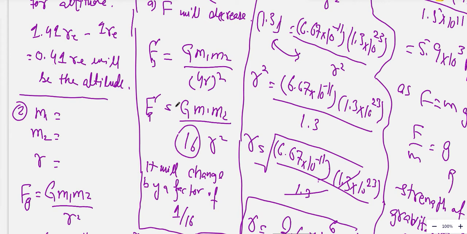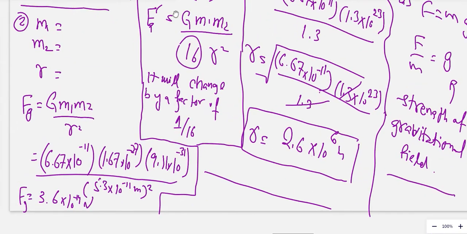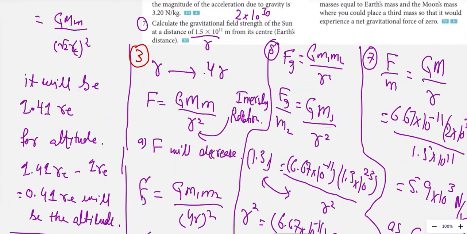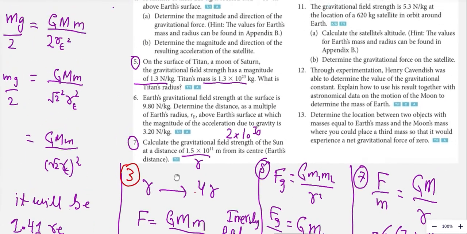This will be the answer for part B, that the force will change by 1 by 16 times. So it will reduce 16 times when the distance increases 4 times, and that's it. Now we will move to the fifth question.